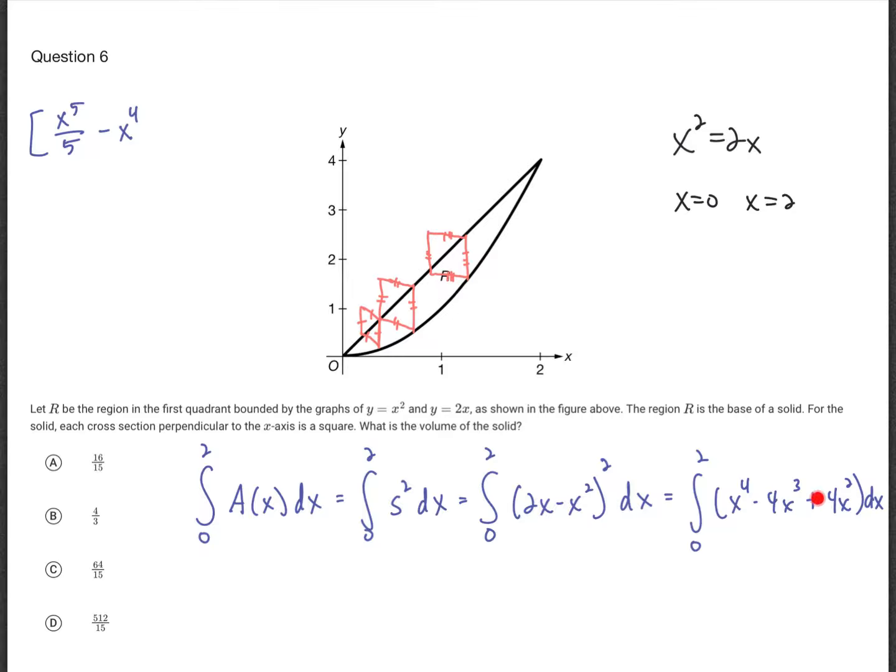And then the integral of 4x squared is 4/3 x cubed. Integrate that from 0 to 2. When we plug in 0, all those terms equal 0, so we just have to plug in 2. Plug in 2 to the first one, the second one, and the last one.